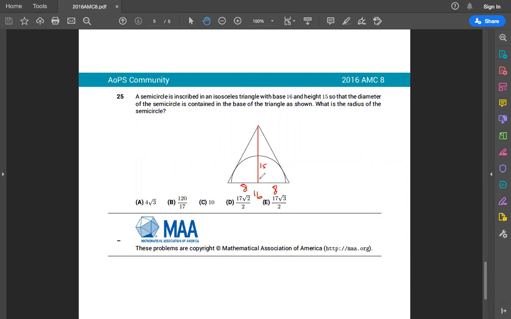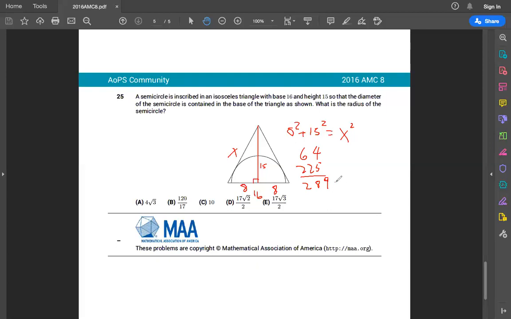And because this is a right angle, we can use the Pythagorean theorem here. So if this is x, then 8 squared plus 15 squared equals x squared. 8 squared is 64, 15 squared is 225, that adds up to 289.